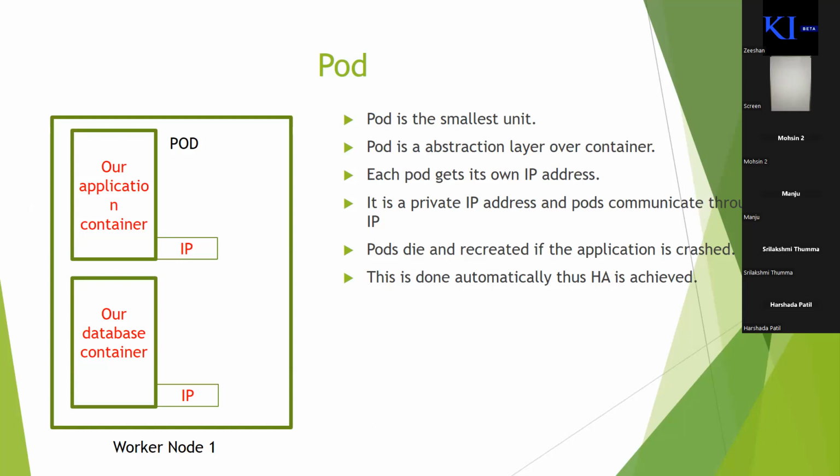So there comes a problem. If our database pod is destroyed and recreated and the IP address is changed, we know from our previous lectures that our application connects to the database through the IP address or the host name. So if the IP address is changed, our application will not connect to our database.